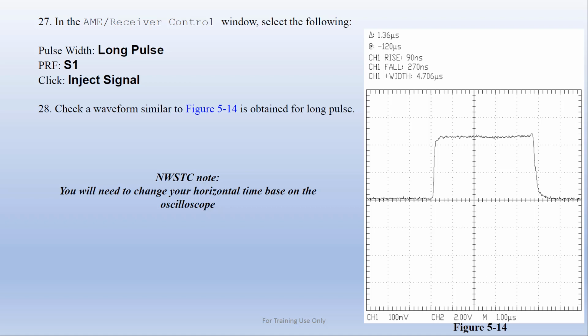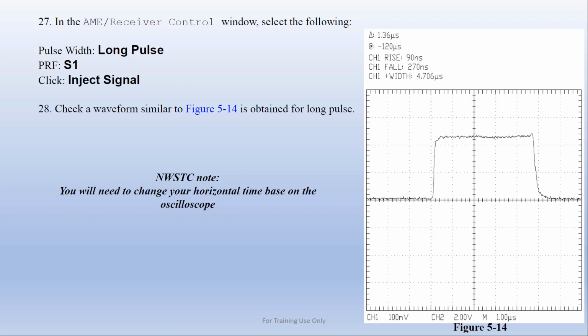So we're going to go to the AME receiver control window in the software and change short pulse to long pulse. Verify that you're in PRF S1 and inject signal. You'll hear your PFN switch change over and your system will restart in long pulse.